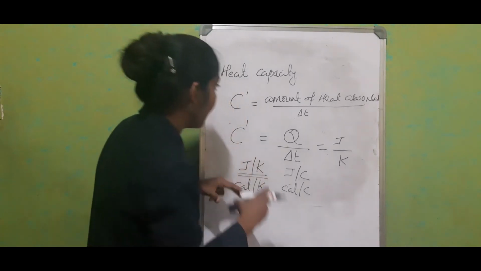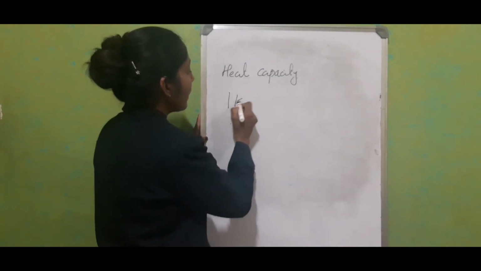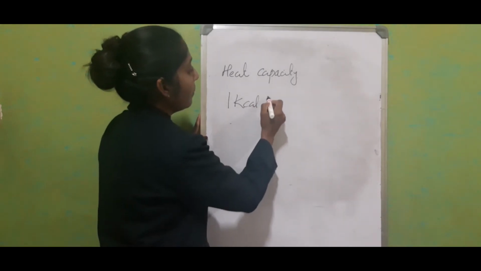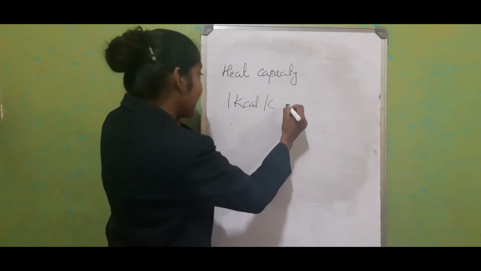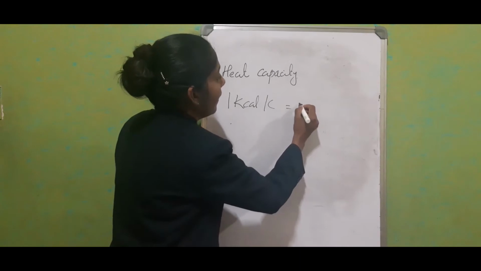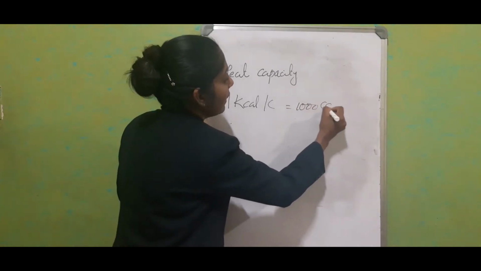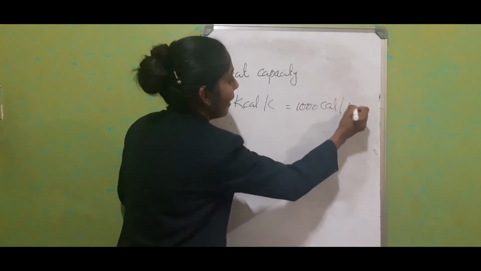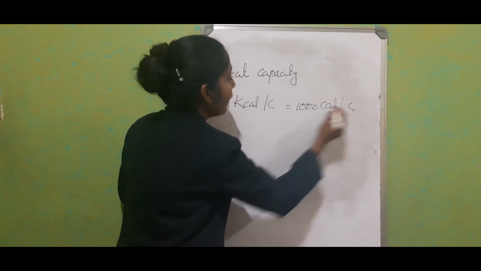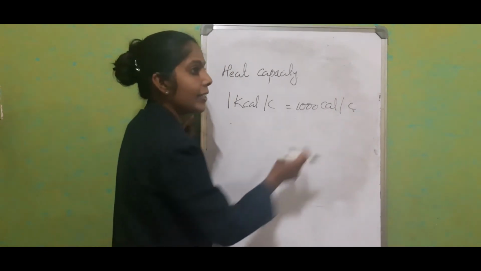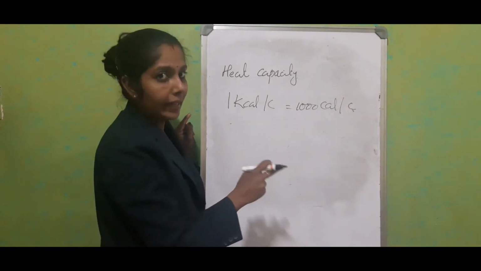For the conversion, 1 kilocal per Celsius or Kelvin is equal to 1000 cal per Kelvin or Celsius. If you are using Celsius on the left, the right side should also have Celsius.